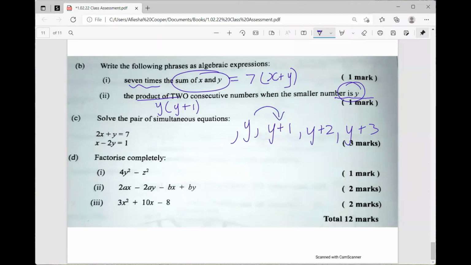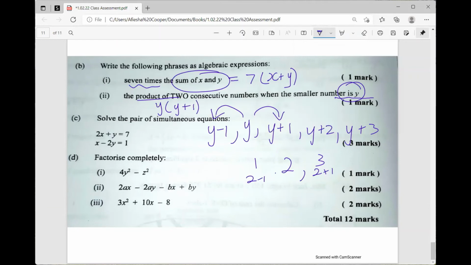If the number after y is y plus 1, what's the number before y? Y minus 1. Right. No x's and no zeros, right? Think algebra all the time. Just like 2, the number after 2 is 2 plus 1, which is 3. The number before 2 is 2 minus 1, which is 1. So yeah, you have to be on your game with the algebra.